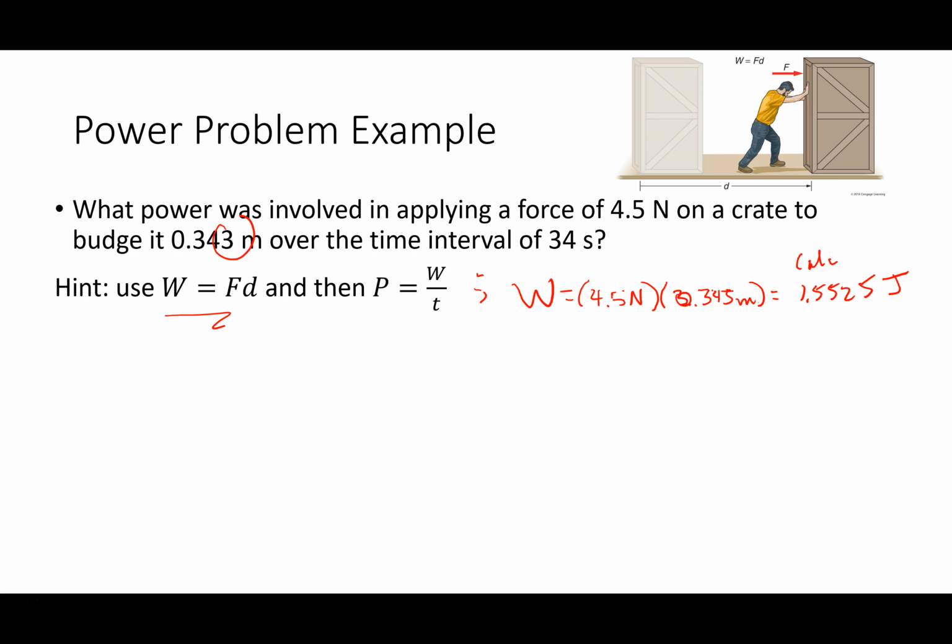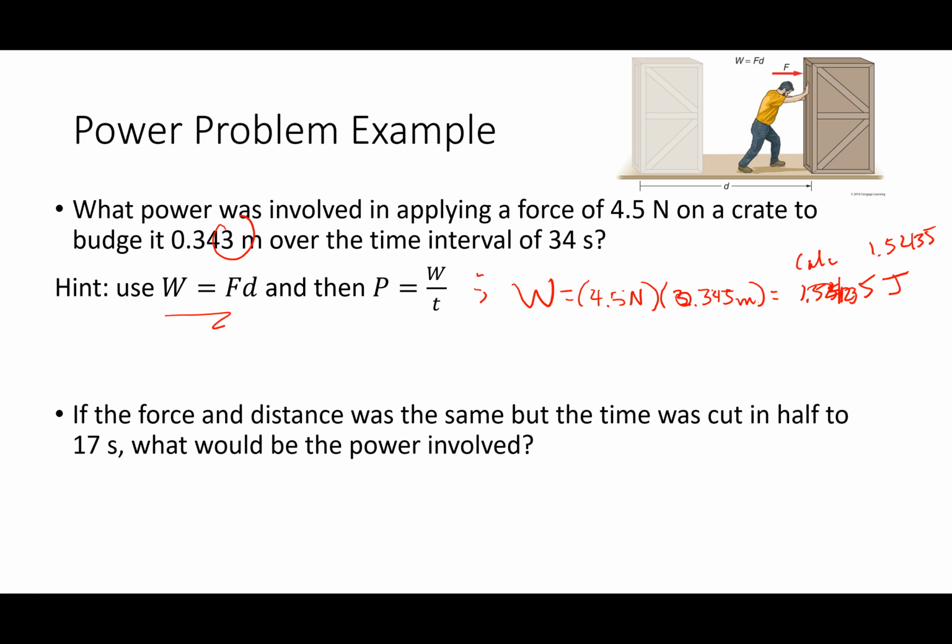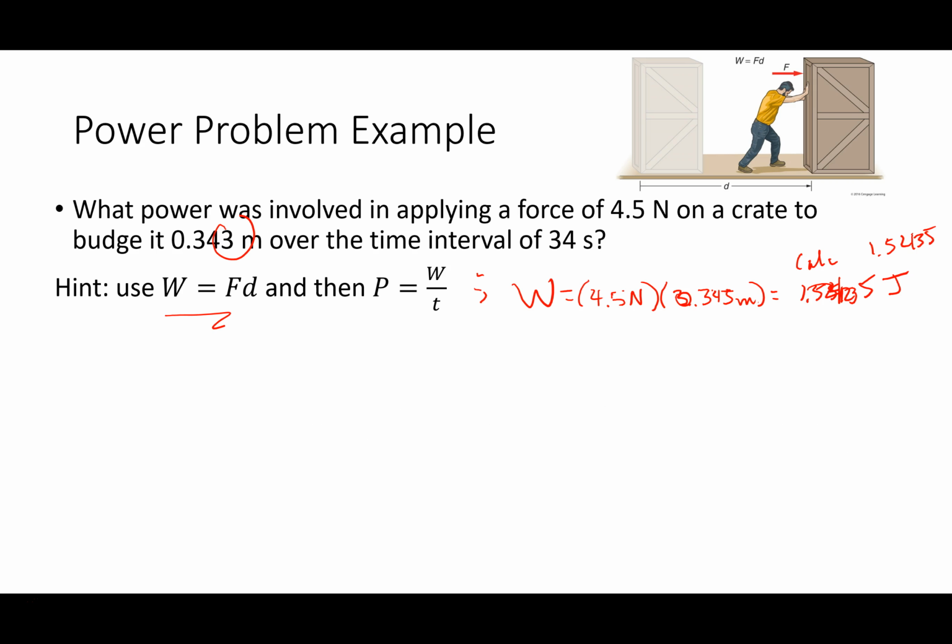Final answer: I got 1.5435. Cool. So I'm going to go with 2 digits, and with 2 digits, I'm going to truncate it right here. So what's my answer going to be? 1.5 joules. Well, that's not my total answer, but that's my work term.